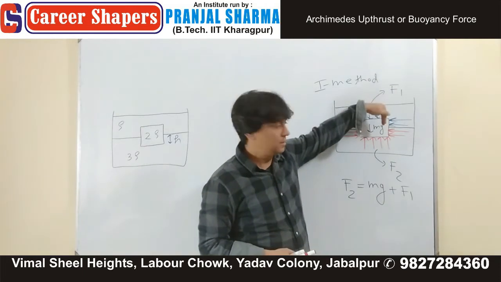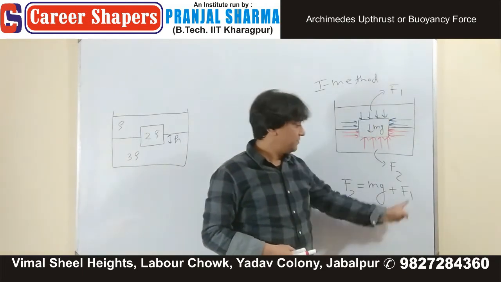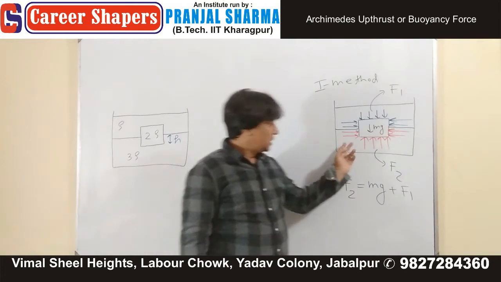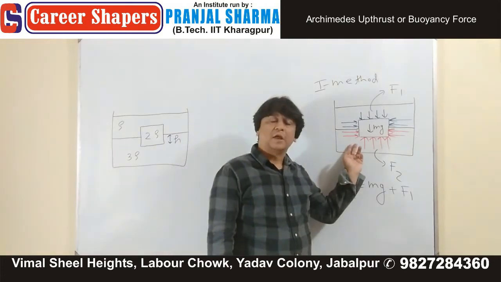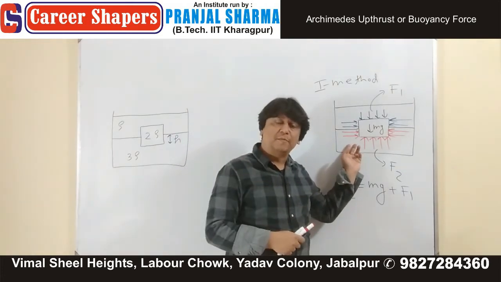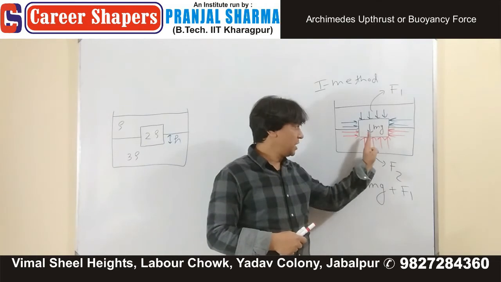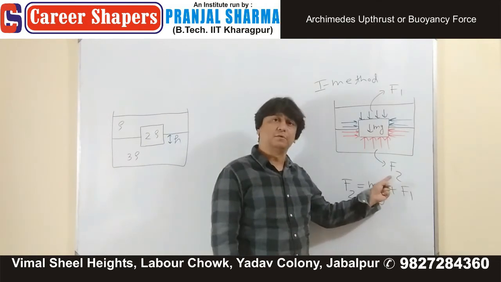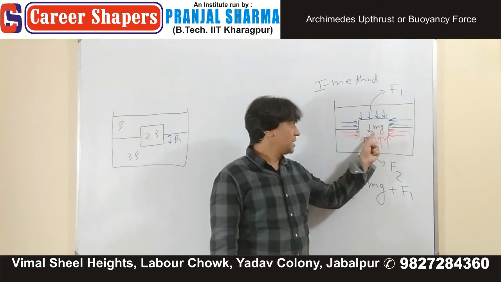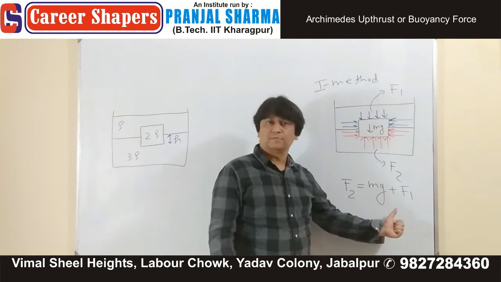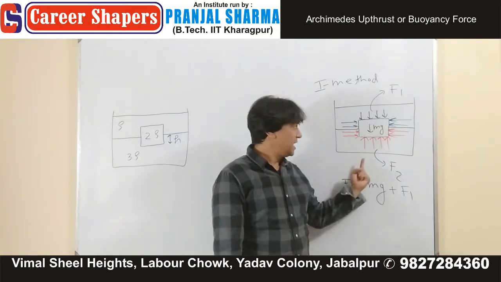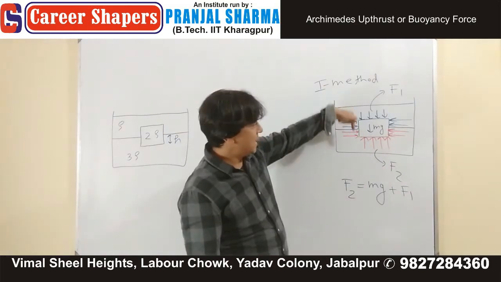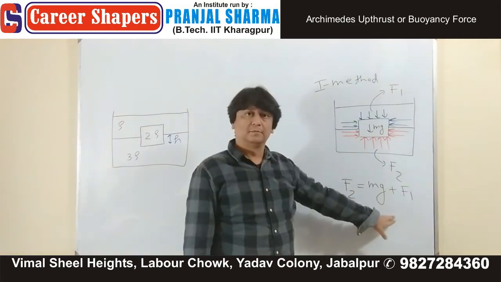Towards the body. That is your F1. The liquid at the bottom, what is the normal reaction coming from this? Towards the body, and that normal reaction is F2. Normal reaction mg, balance because it's floating, and you find that F2 is equal to mg plus F1.